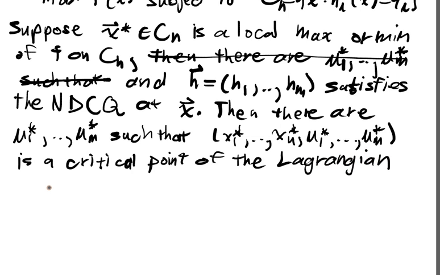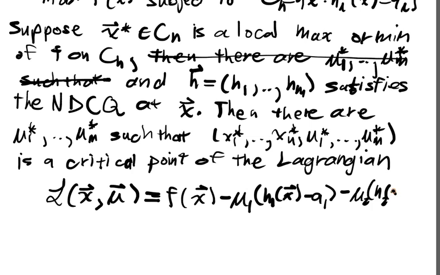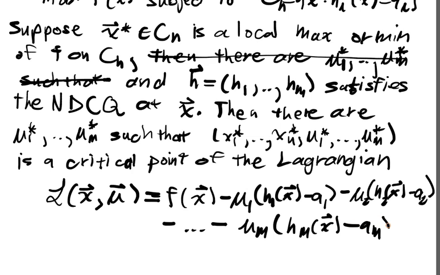And now we see the Lagrangian in its full form. L of x, mu, where mu is now a vector of Lagrange multipliers, is equal to f of x minus the first Lagrange multiplier times the constraint condition, mu1 h1 of x minus a1, minus mu2 h2 of x minus a2, minus all the way up to mu m hm at x minus am.